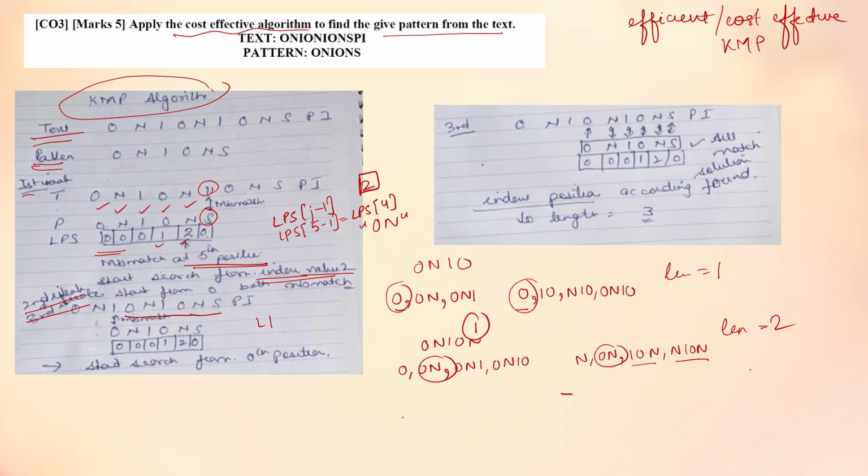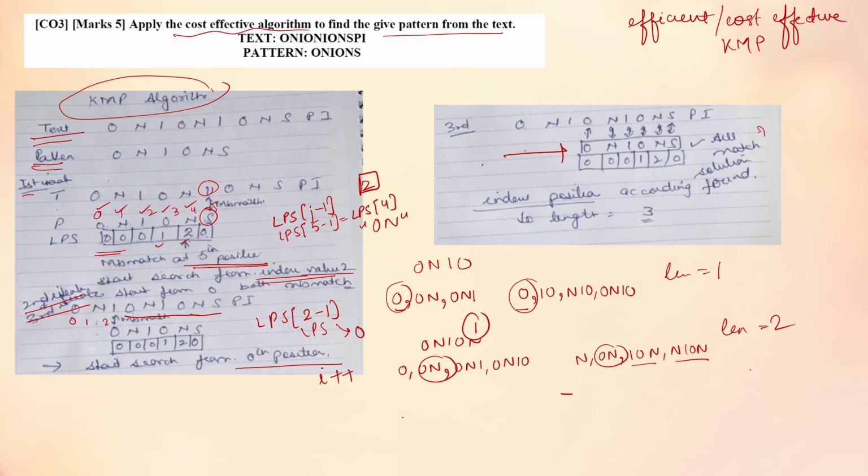Now LPS of 2 minus 1 is 0. So now you start from your 0th position. Then you move with I plus plus, moving one by one. Now you have gone starting from your fourth letter.